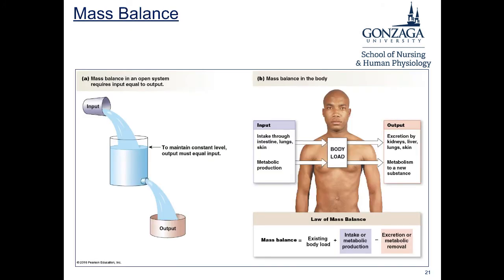This is a diagram from Silverthorn's text, and it's called the bathtub model because it's not just the input, but the combination of the input and the output that determines how much stuff is in a system. Again, we'll have plenty of time to cover what mass balance is in class.